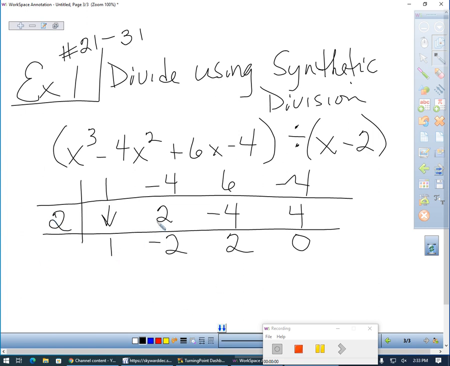Same thing every time. Now we write our answer. It started as x to the third, which means this is now x squared. So I have 1x squared minus 2x plus 2 and no remainder.